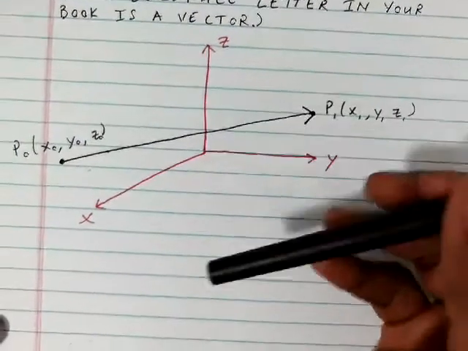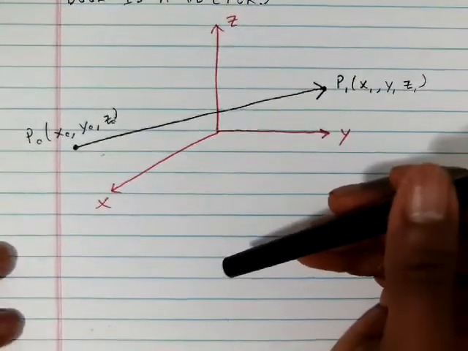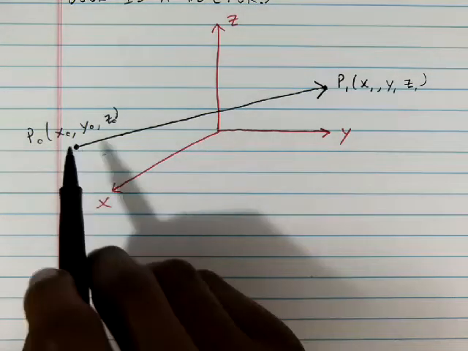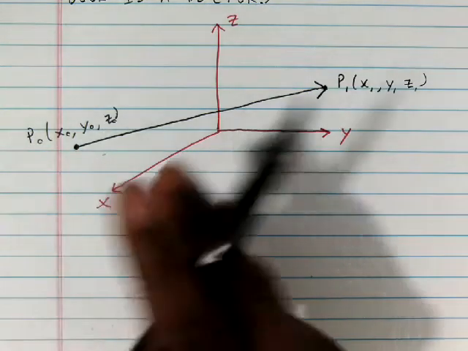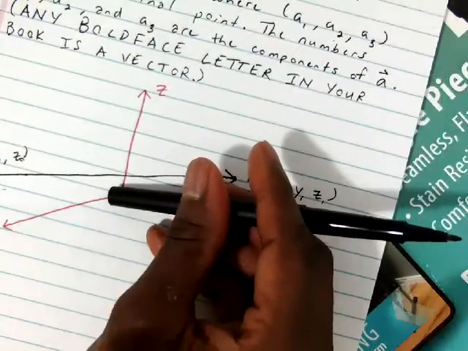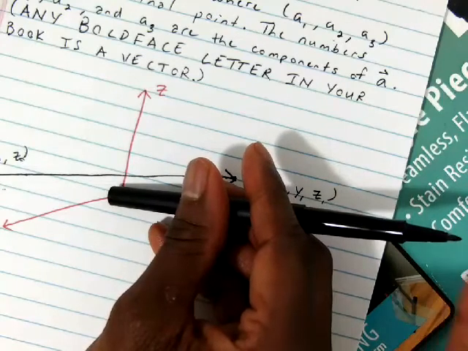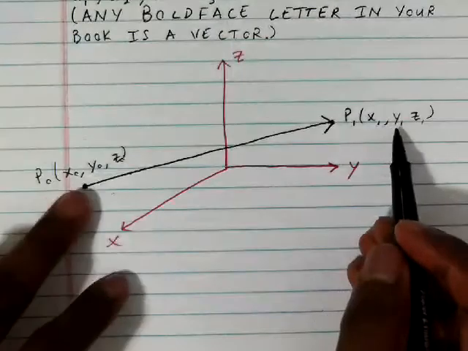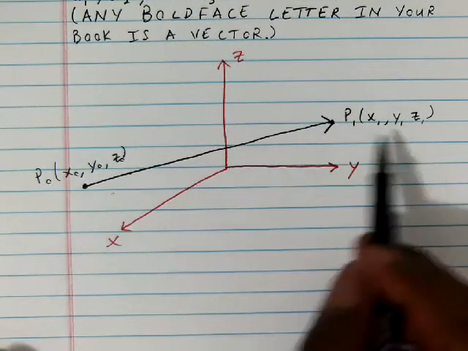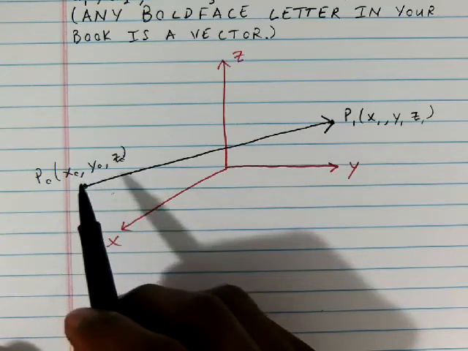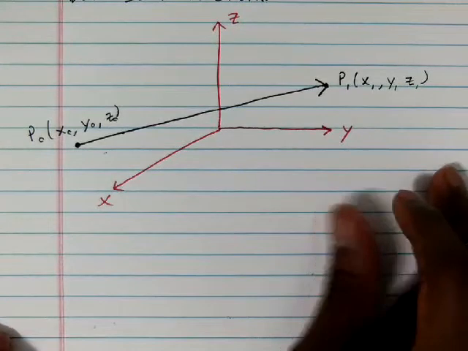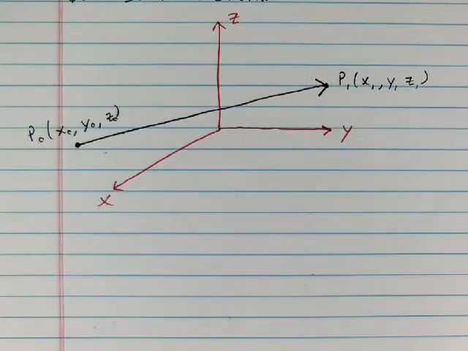It's by doing the computations I gave you in the last lesson: x1 minus x naught, y1 minus y naught, z1 minus z naught, and that's going to give you precisely that point right there, which we can't see directly. But if we do that computation, it'll give us what that point is. So I just wanted to clarify that before we continue with 11.2.